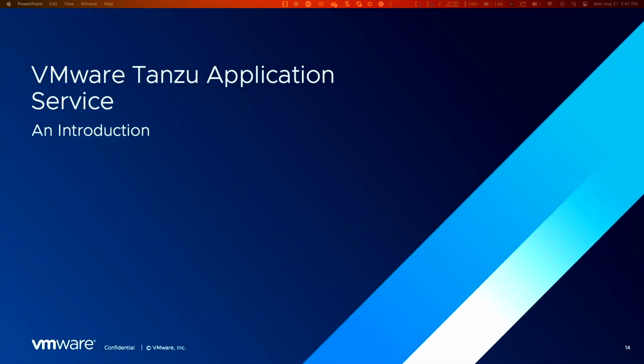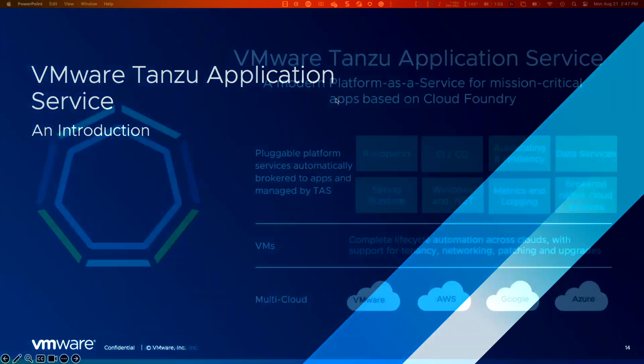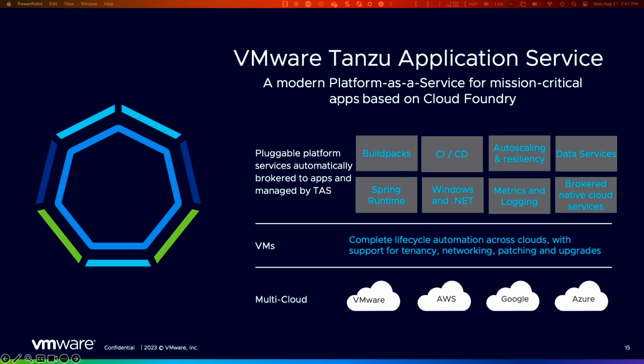Now, I'm going to go into the Tanzu Application Service and give you a brief introduction. If you're not familiar with it already, Tanzu Application Service is a distribution of Cloud Foundry, because Cloud Foundry is an open source ecosystem. This is VMware's distribution of Cloud Foundry. It's very scalable by default, multi-cloud by default.